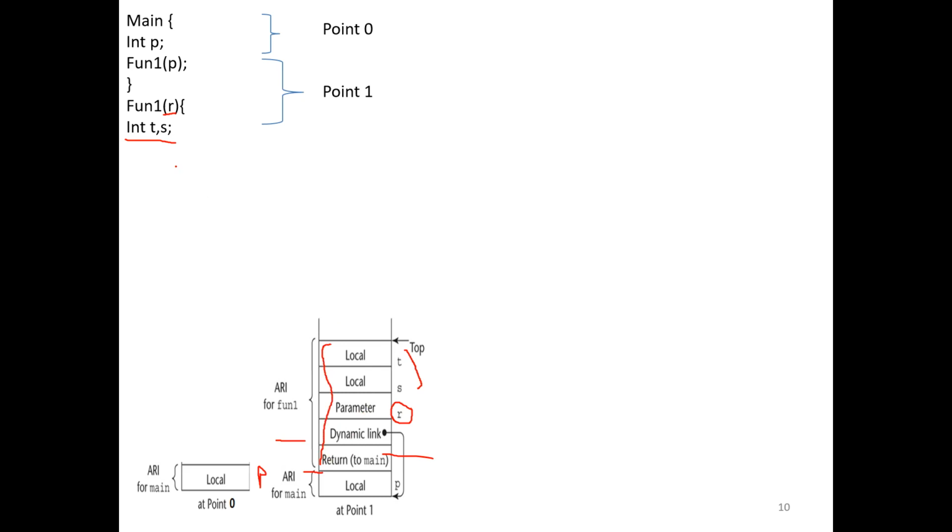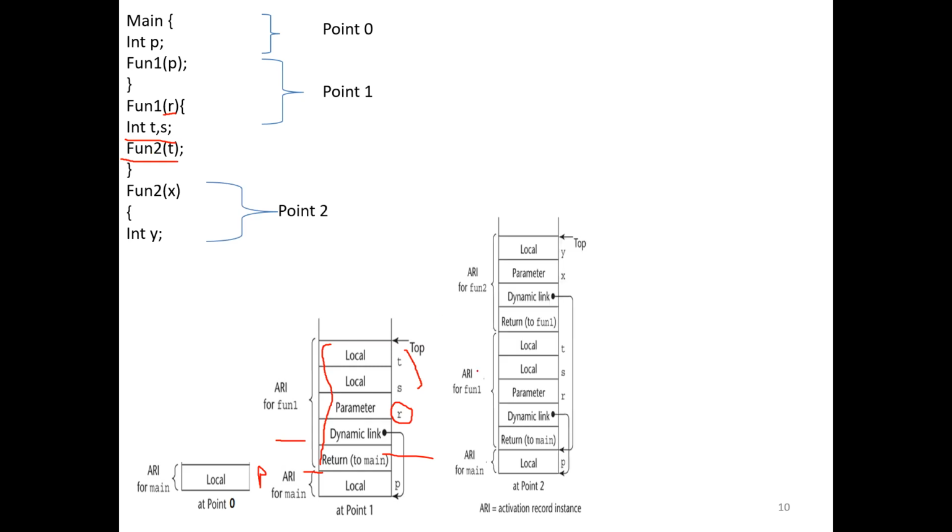We'll see one more. Function 1 calls function 2, where it is sending parameter t. The local variable t is sent as a parameter to function 2. Another activation record is created.